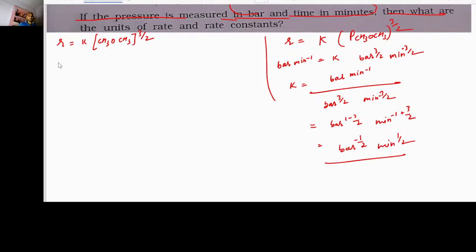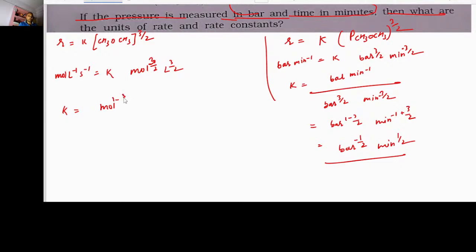Here if you are writing in this term, what is it, student? Mole per liter per second. This is the rate. Here is k. What is there, student? This one is mole power 3 by 2 and liter power 3 by 2. So k is equal to what? Mole minus, here 1 is already there because it is the numerator, and here it will go this side, so it will take a minus sign.